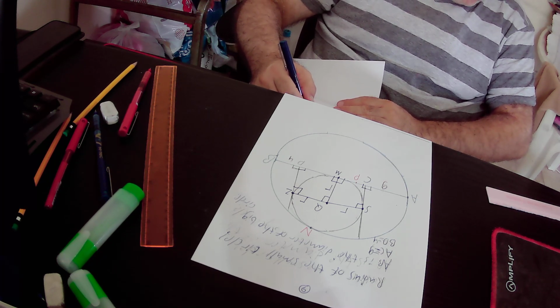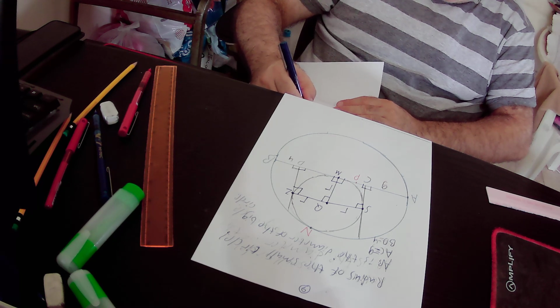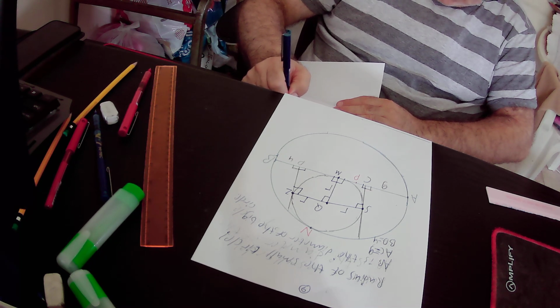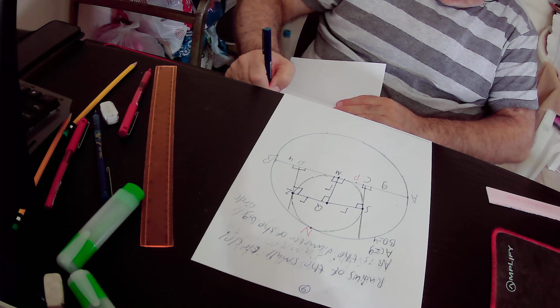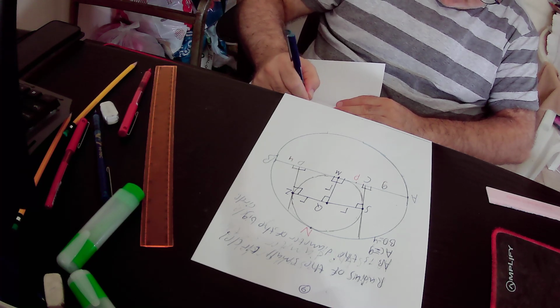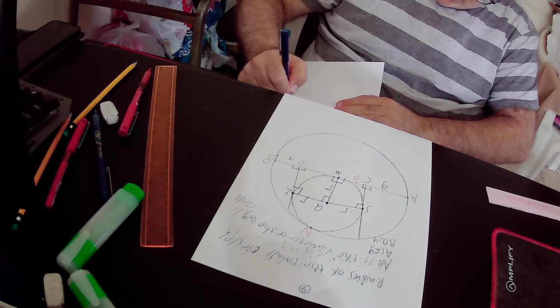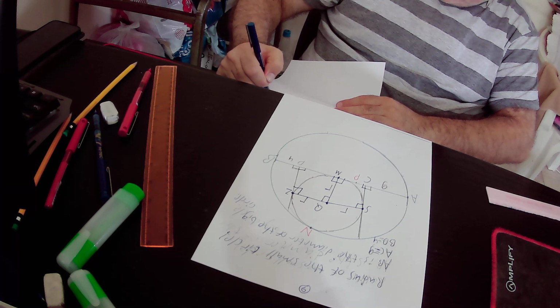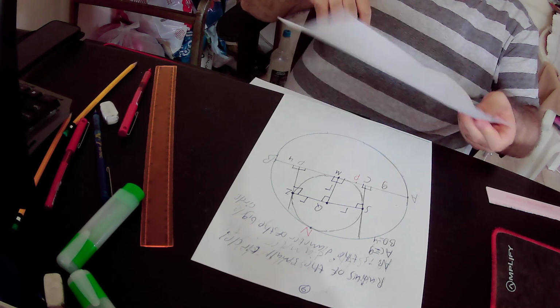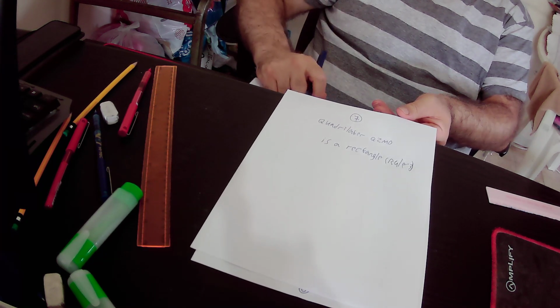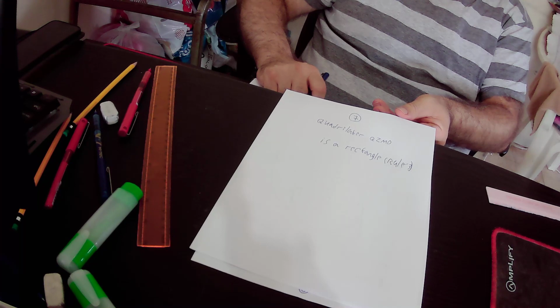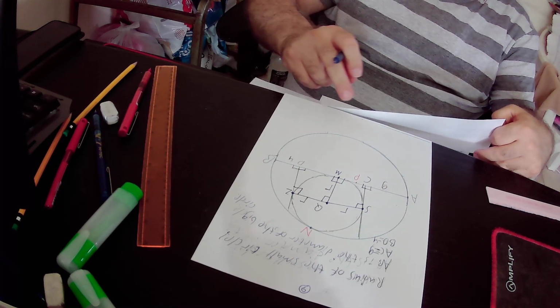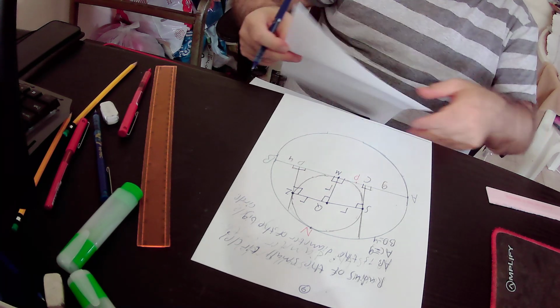Therefore, according to rule number 3, quadrilateral QZMD is a rectangle because it has 4 right angles. Okay, 1, 2, 3, 4.